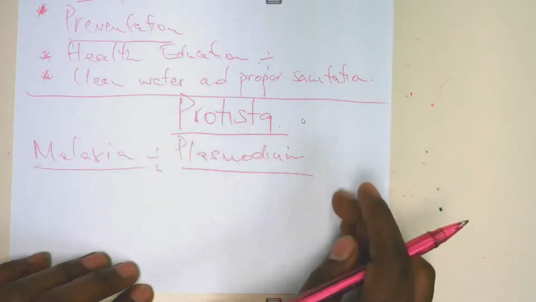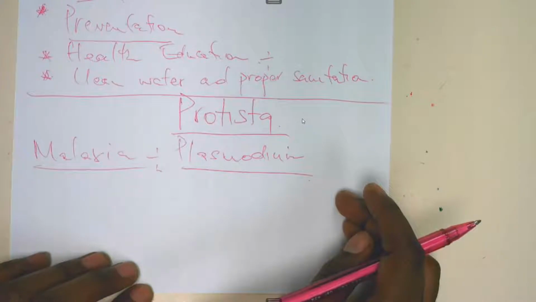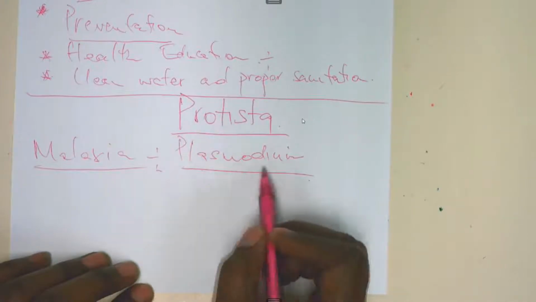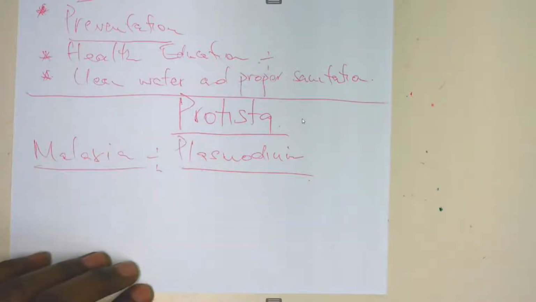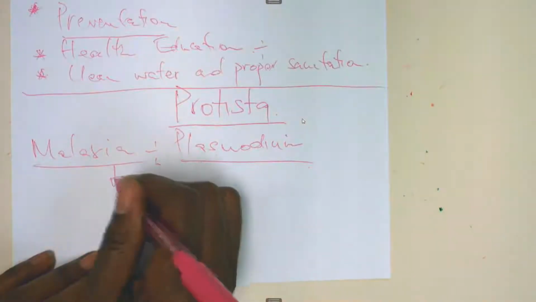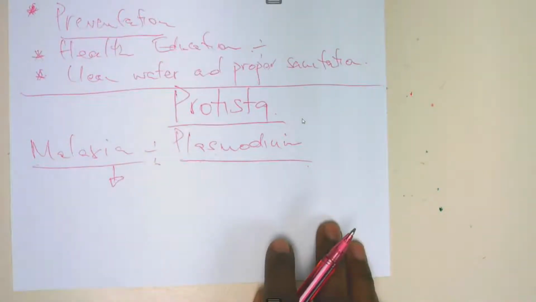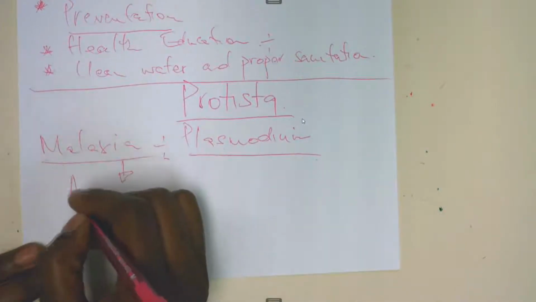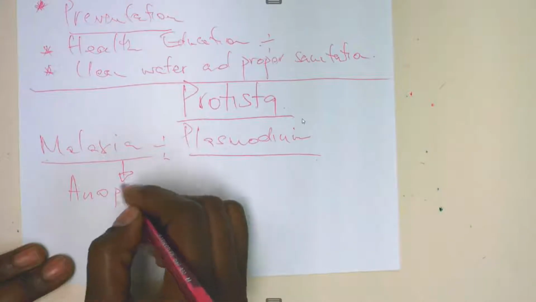So malaria is caused by a protist or a parasite which is called Plasmodium. Again, malaria is spread by 4 different species of a group of mosquitoes that are called Anopheles.